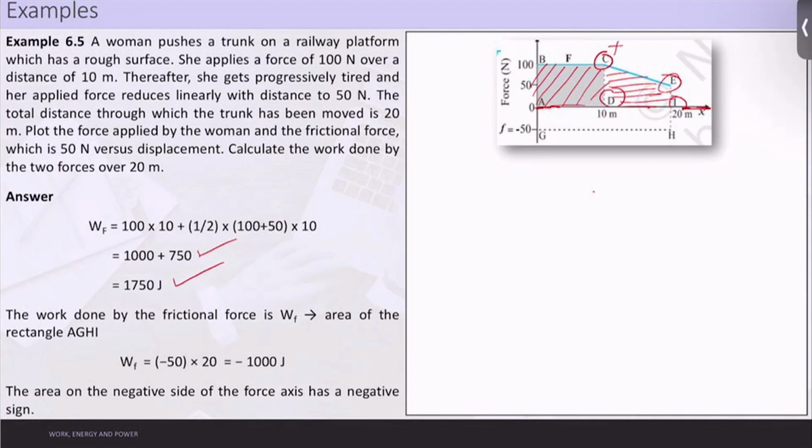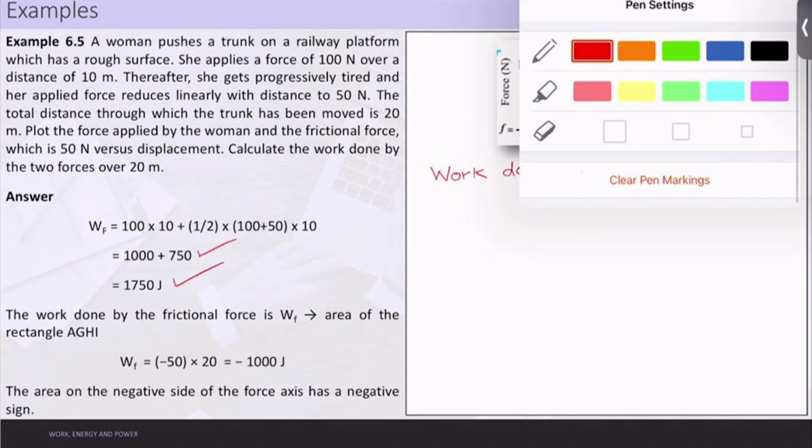Therefore, the work done due to force capital F is equal to 1750 joules. Fine, so this is explained. Now let us find the work done by the frictional force.